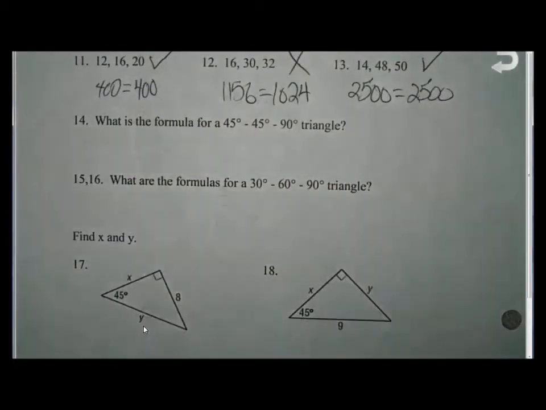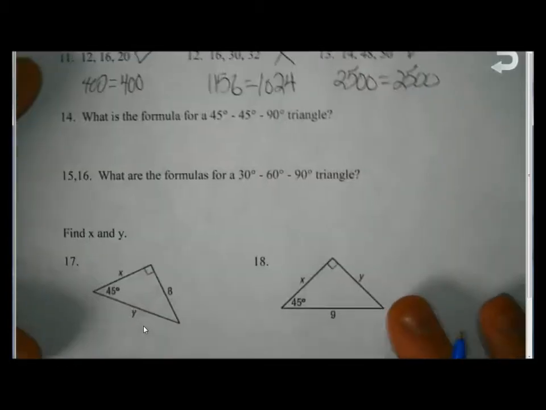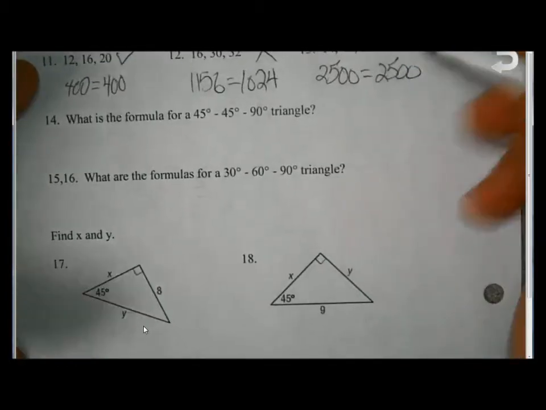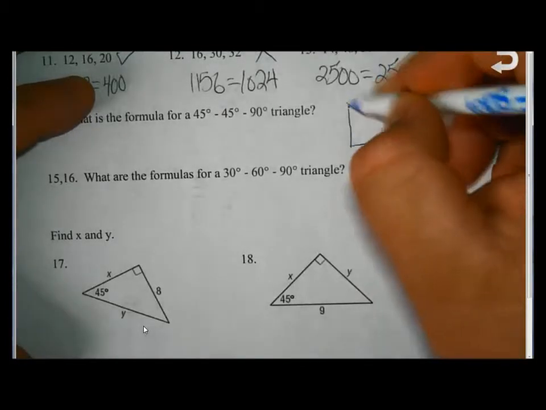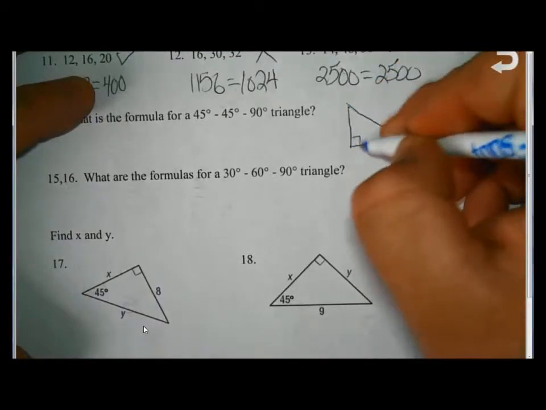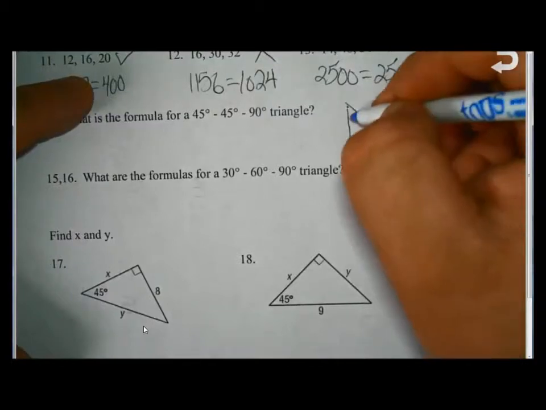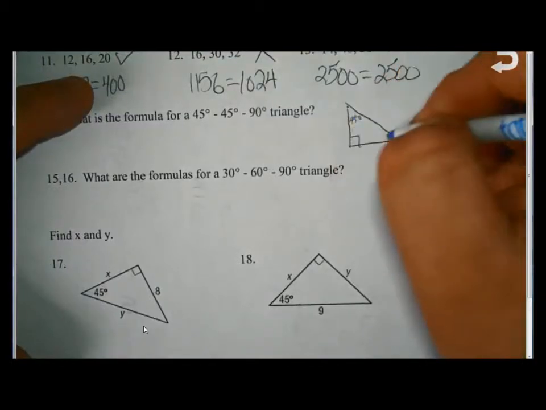Now, on the quiz you're going to take on Friday, you're going to have a question that says, what is the formula for a 45, 45, 90 triangle? This is what I want you to do to answer this question correctly. Draw a right triangle. Put a 45 and a 45 here.